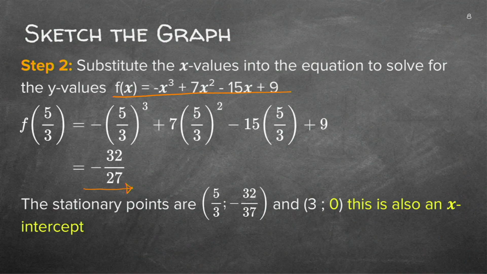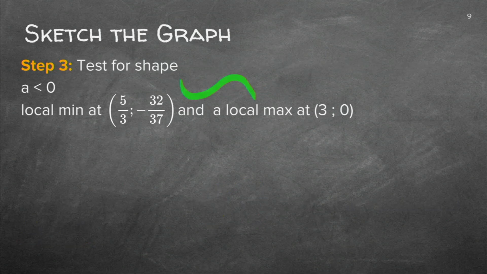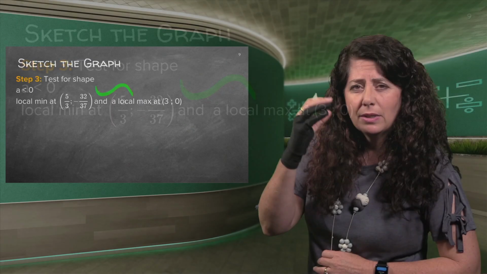So the stationary points are where x equals 5 over 3, your y value will be minus 32 over 27. And we can see here that (3, 0) is also an x-intercept.